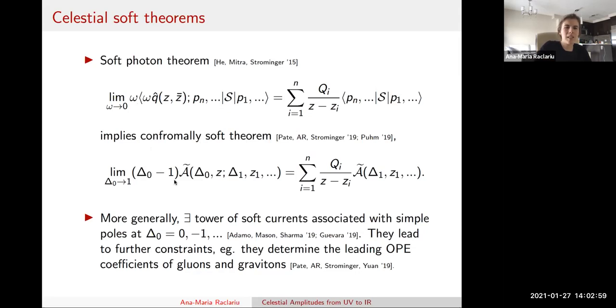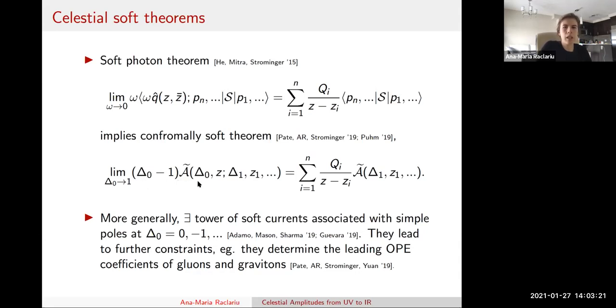But there is no sense in which one can take an energy to zero in celestial amplitudes. Nevertheless, it can be shown that soft operators can actually be constructed by taking the residue of a celestial amplitude as the dimensions take integer values.